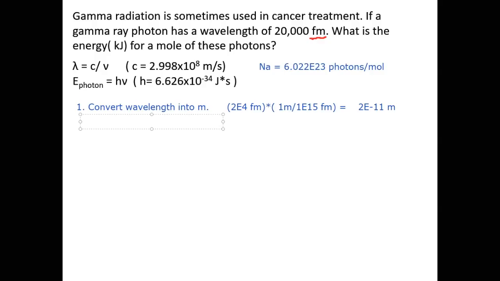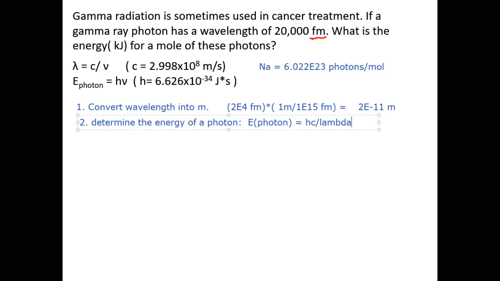Second step is to determine the energy of a photon. So energy of a photon, we'll say E of photon equals hc divided by lambda.